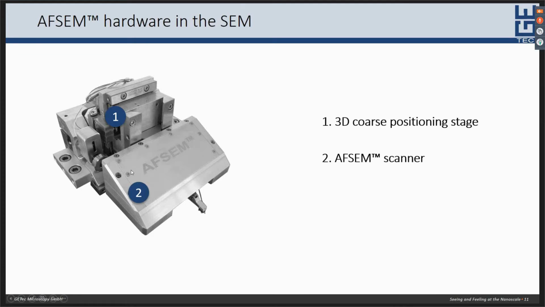Second, the AFM scanner, which you can see here. Third, self-sensing cantilevers, which are placed and electrically connected to the AFSEM cantilever mount, which you see here. This design even allows AFM imaging, as Chris has already pointed out, below the electron column at really short working distances.